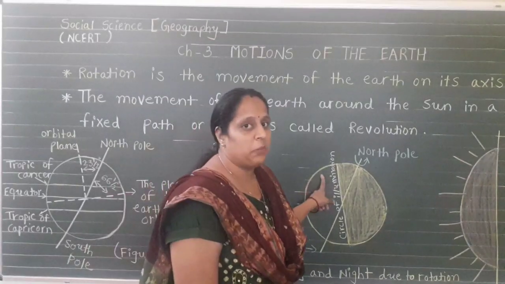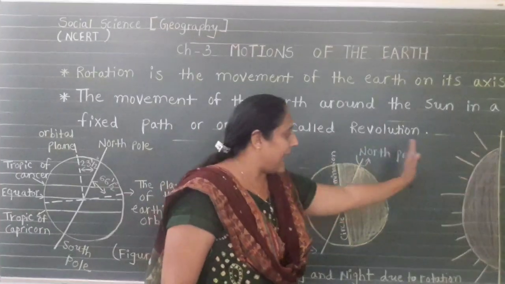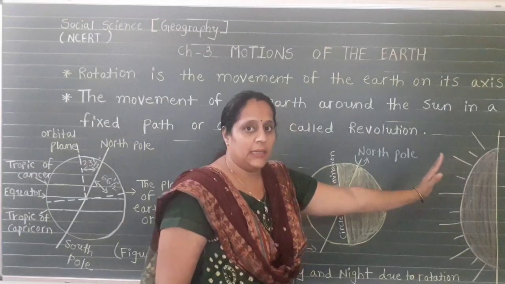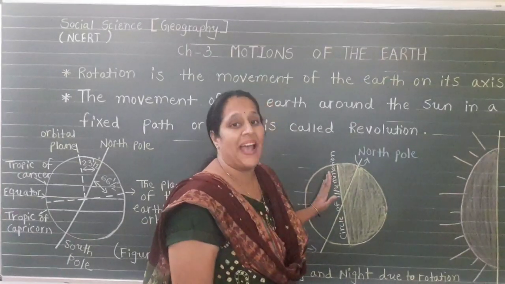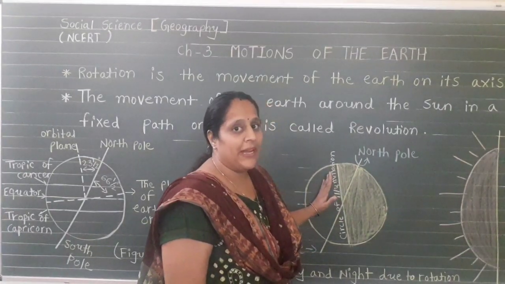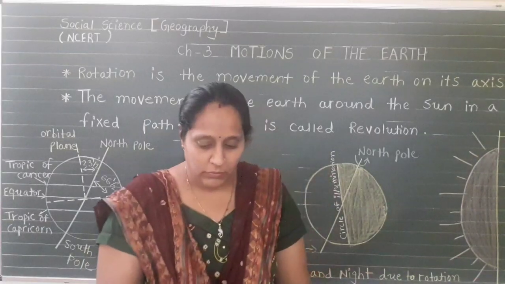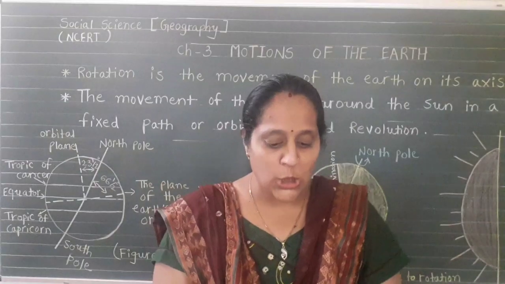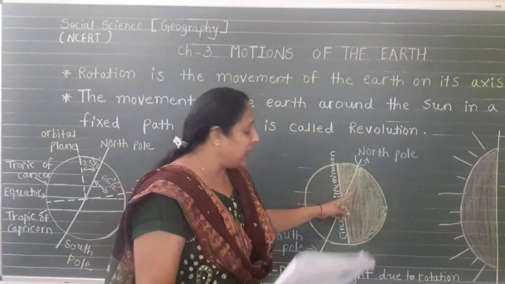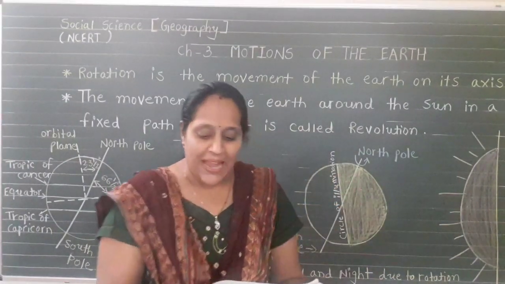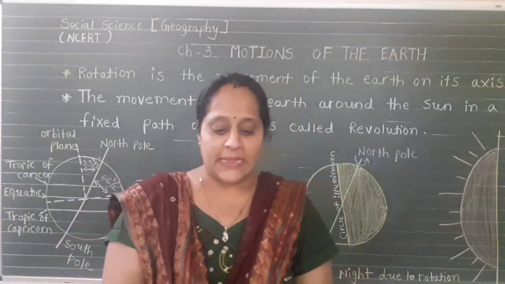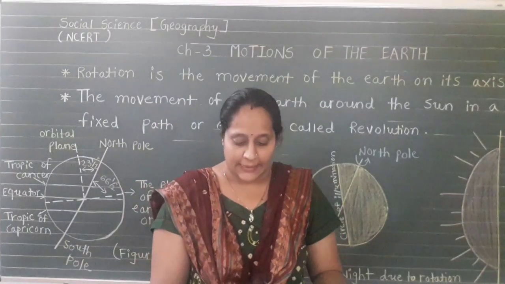Circle of illumination means half of the part gets light directly from the sun and the other half, which is the back side from the sun, can't get light. So the portion facing the sun experiences day, while the other half away from the sun experiences night.